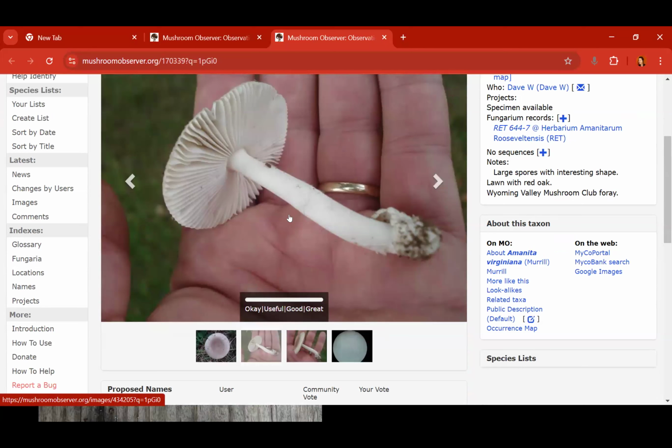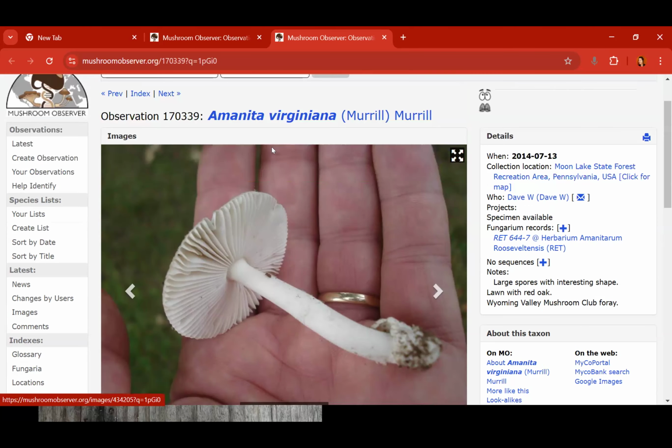So the gills are free, and it looks a lot like something in Amanita section Vaginatae. But actually this had an annulus, and it just had gotten washed off or fell off, and so the Amanita virginiana is not in that section.